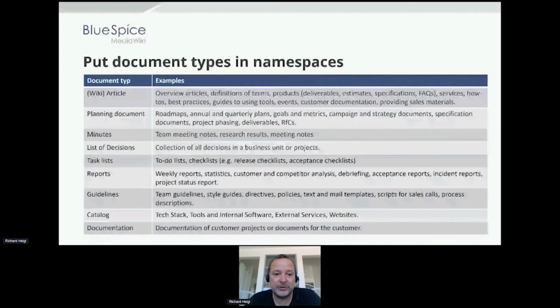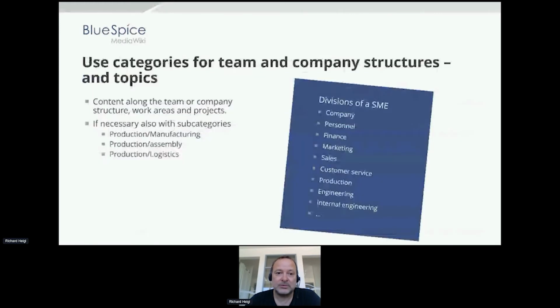And what about reports from sales and the guidelines from engineering? Categories. The easiest way to deal with that is to use categories for team and company structures, or topics, projects, but not for document types. That makes it very easy to deal with it.